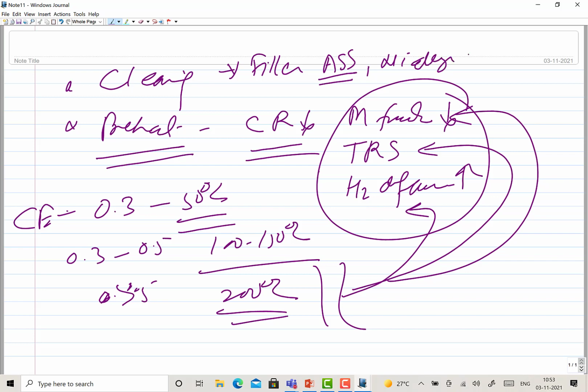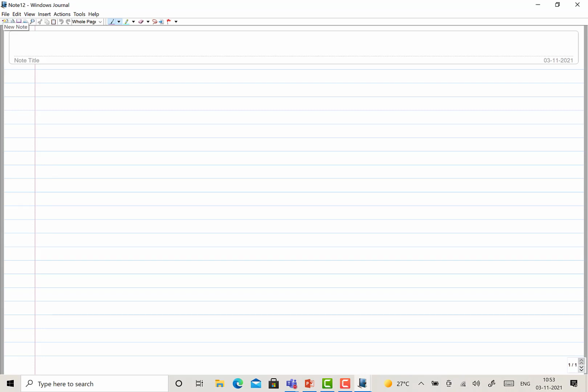Both are softer, they don't cause much issue like martensitic transformation, and they reduce the tensile residual stress. They act as a sink for the hydrogen, so the tendency for cracking is minimized. Okay, so this was another type of cracking.